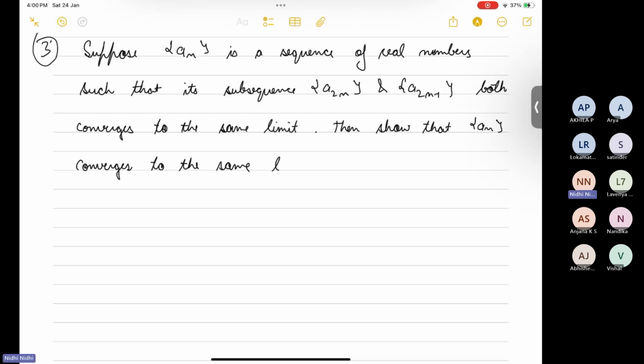Has it been discussed in the theory classes, the topic of subsequence? If it's not, I'll explain. Just let me know.